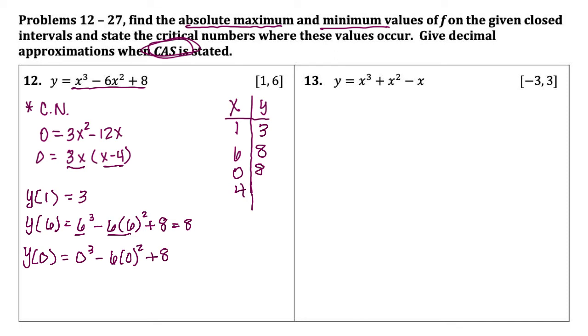Now let's try y at 4. So that's going to be 4 cubed minus 6 times 4 squared plus 8. So let's see what that is. You have 4 cubed minus 6 times 4 squared, and then plus 8. That's negative 24.